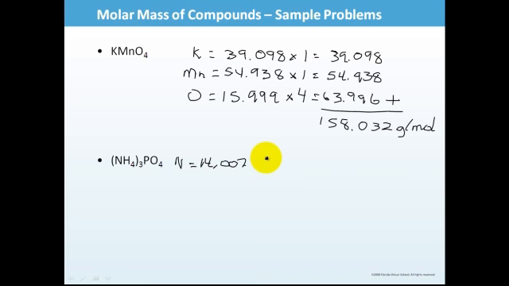So again, we have one nitrogen times that 3. So in total, we actually have 3 nitrogens in this formula. So 14.007 times 3 is going to give us 42.021.